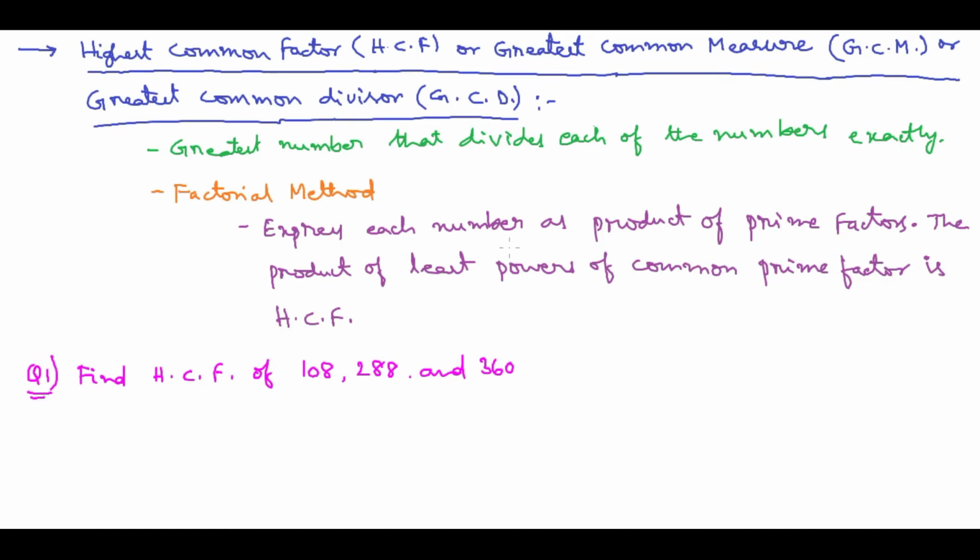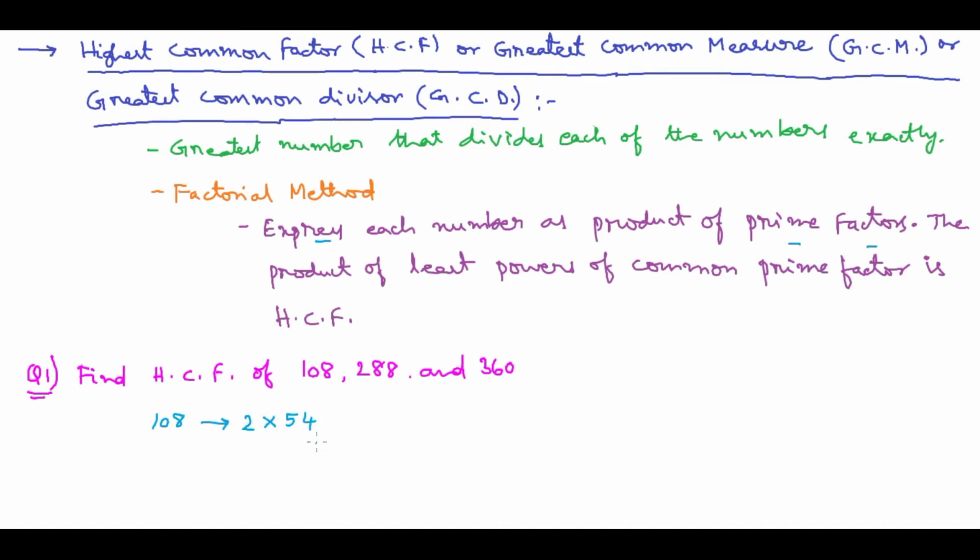Let me use blue color for solving this problem. This is 108. First we need to express each number as a product of prime factors. Let me go ahead with the prime numbers and check whether it is divisible by them or not. First 2: yes, this is divisible by 2. So 2 into 54.